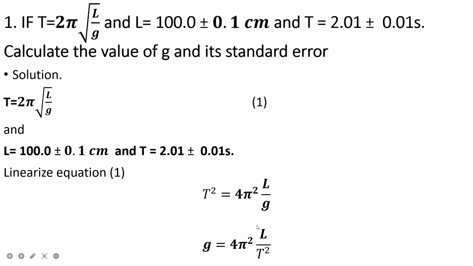So if we make G the subject of the formula, we have G equals 4 pi squared L divided by T squared. This is what we are going to use in calculating our value of G and the standard error.